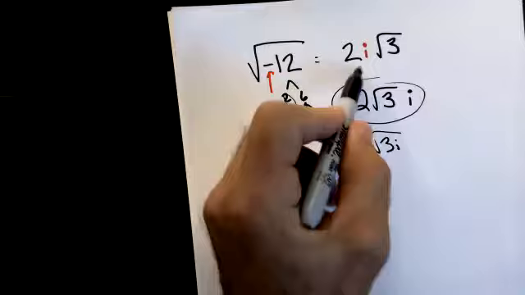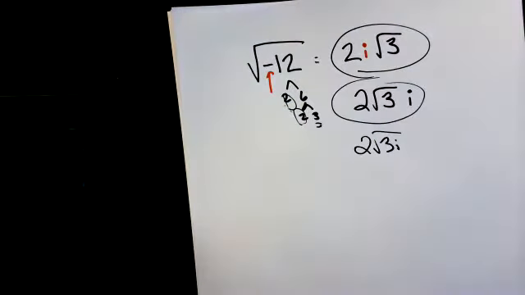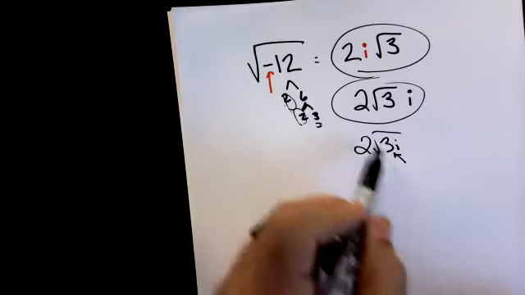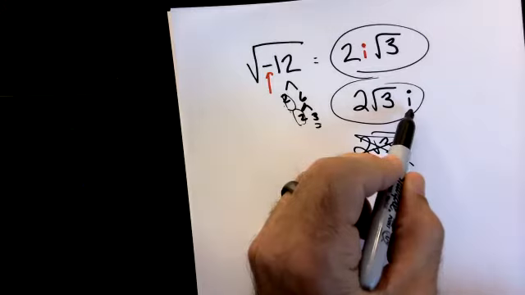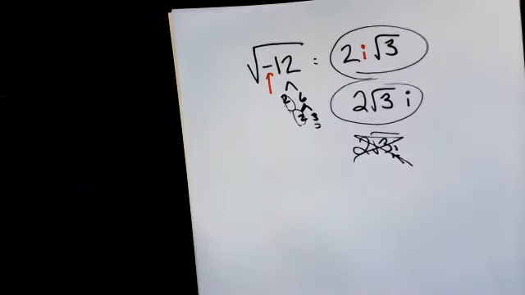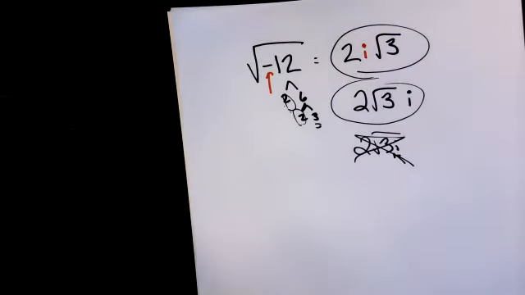Either of these would be considered correct, and we'll get all the points. This one, because the I looks like it's inside, is no good. The I has to be outside. Because it's kind of confusing out here, I would rather put it here. But neither here nor there. Just make sure it's outside of the radical.